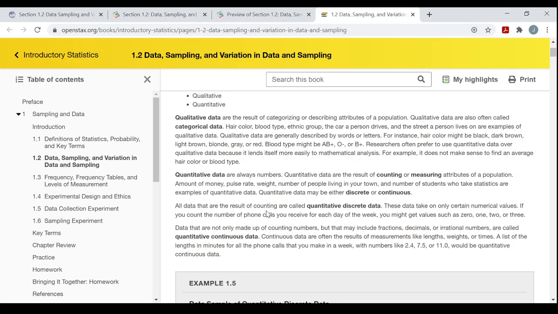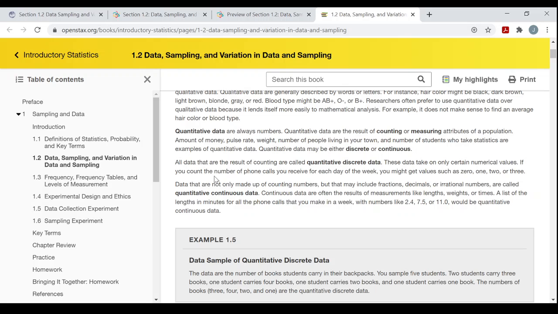If you are counting, 1, 2, 3, 4, 5, something that is counted, all data that are a result of counting are called quantitative discrete data: 0, 1, 2, 3, and so on. An example is counting the number of phone calls you receive each day for the week. Data that are not only made up of counting numbers, but may also include fractions, decimals, or irrational numbers are called quantitative continuous data.